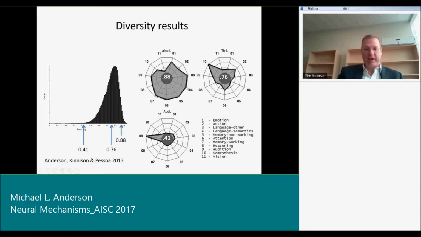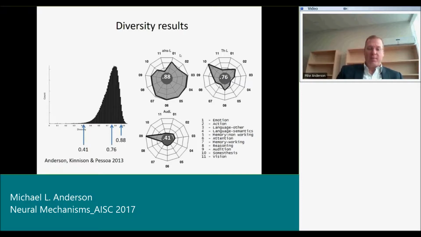So in this particular case, although I'll show you other examples, we have emotion, action, language, working memory, attention, and so on. And then the distance out along the axes here indicates the relative proportion of activity in a particular region of the brain in that category of psychological function.